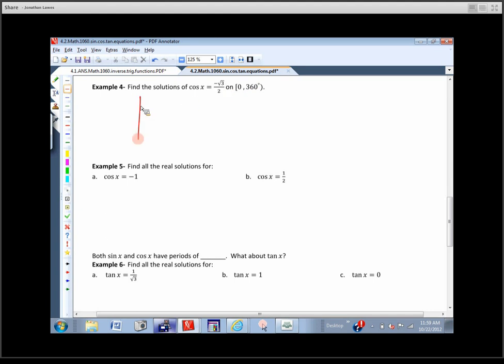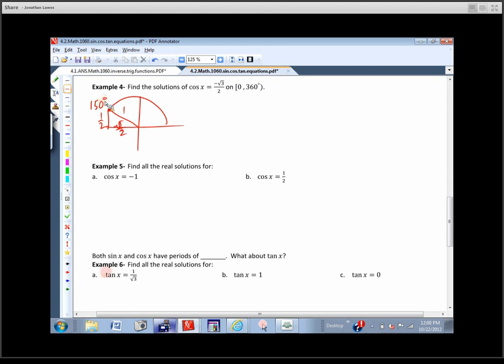Let's do this. I'm going to draw a triangle for this one. I need a cosine ratio, or in other words, an x-coordinate of negative radical 3 over 2. So if this is negative radical 3 over 2, that's 1 and that's 1/2. That gives me a picture of one of the solutions. That would be, I already did this earlier, 150.